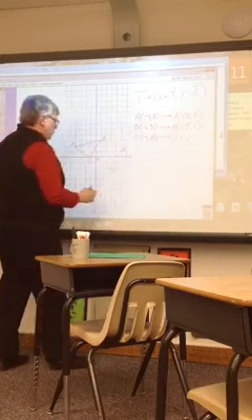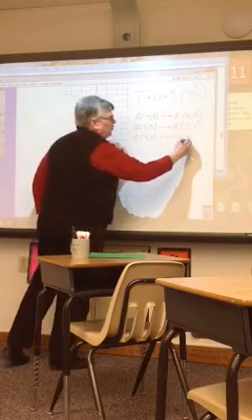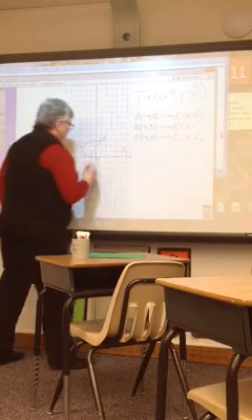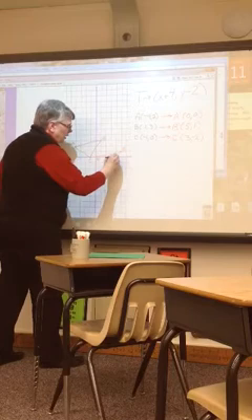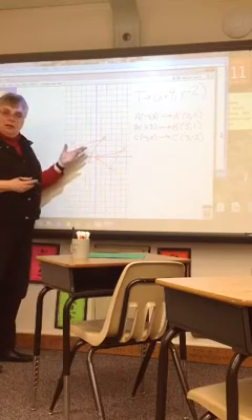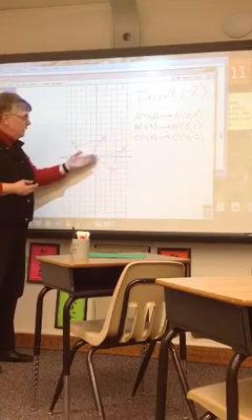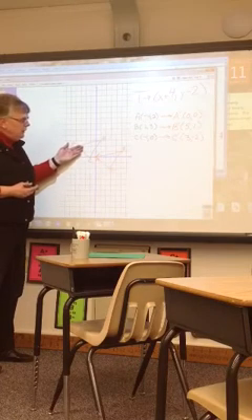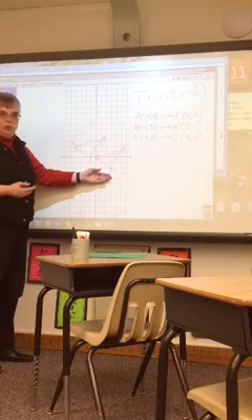And it will be the point (3, -2). If you connect the dots, I now have a second image, or this is the image of my pre-image that has been slid 4 and dropped 2 units.